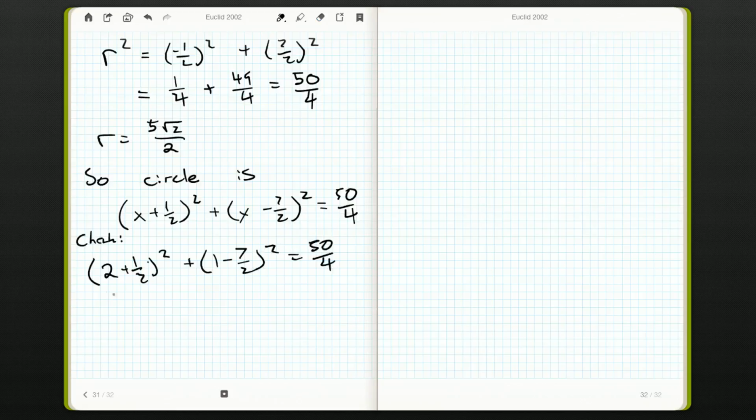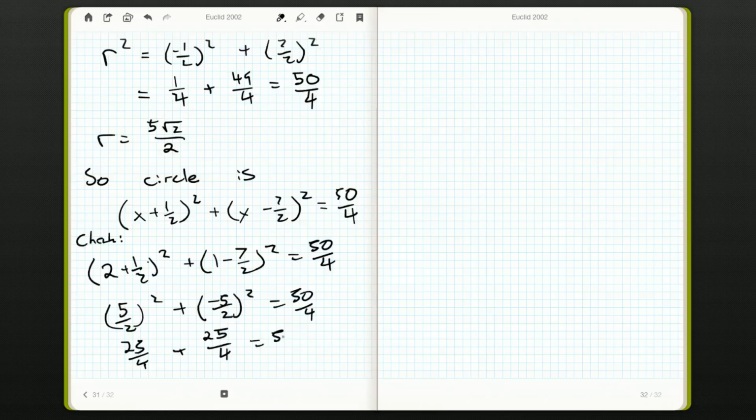We want this to be true. So 2 plus 1/2, that's going to be 5 halves, all squared, plus 1 minus 7 halves. That's going to be -5 halves squared. That's going to be 25/4 plus 25/4, and that definitely equals 50/4. So that one's correct. And now the last one, this is the final one we need to make sure.